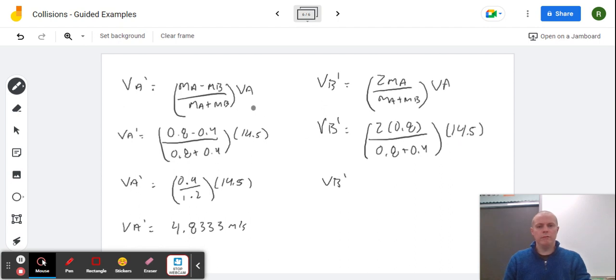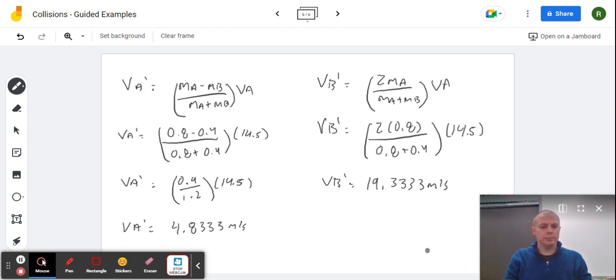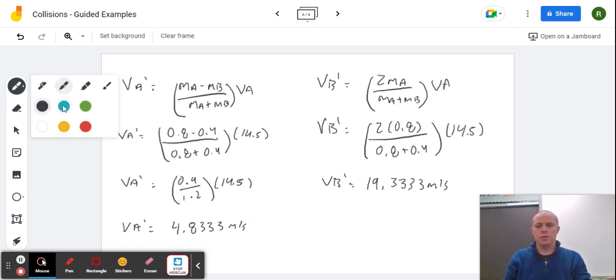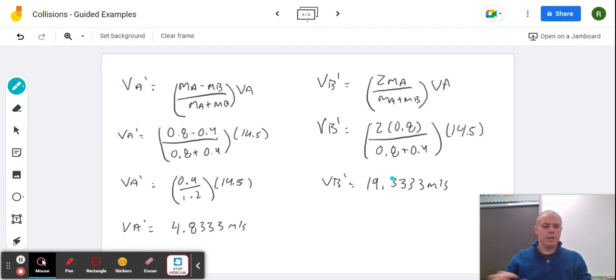Again, for VA, I have to use that adjusted version. I'm not using the 8, I'm using the 14.5 that we made. We run this one through the calculator, and it comes out to 19.333 meters per second. Okay, so now we have our two answers that we get out of these equations.